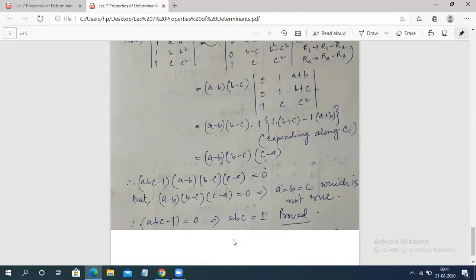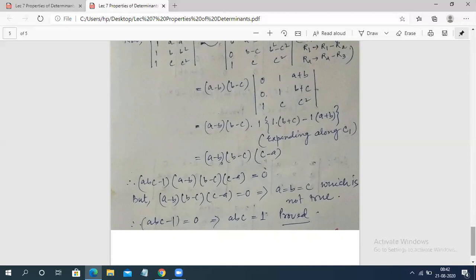Now if A minus B, B minus C, C minus A equals 0, then either A equals B or B equals C or C equals A. But that is not possible, because then this determinant value would obviously be equal to 0. So this cannot be 0.